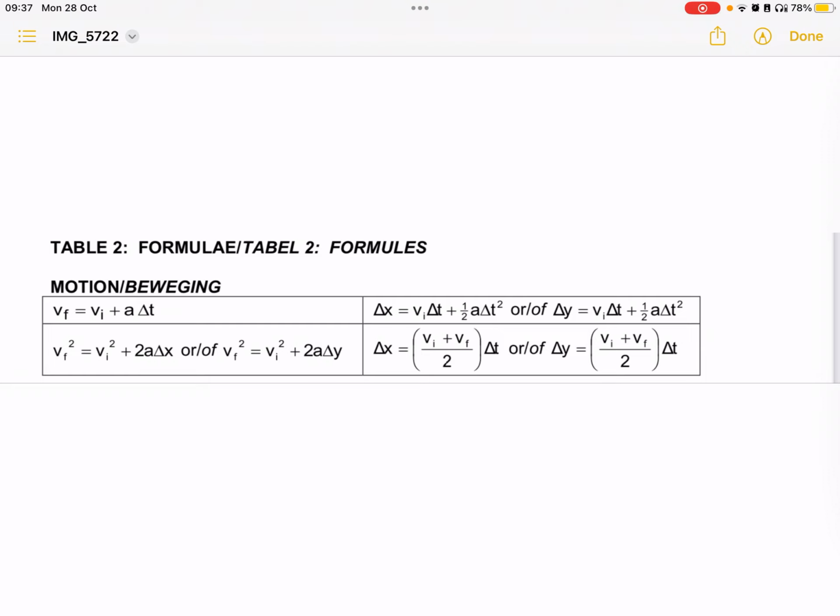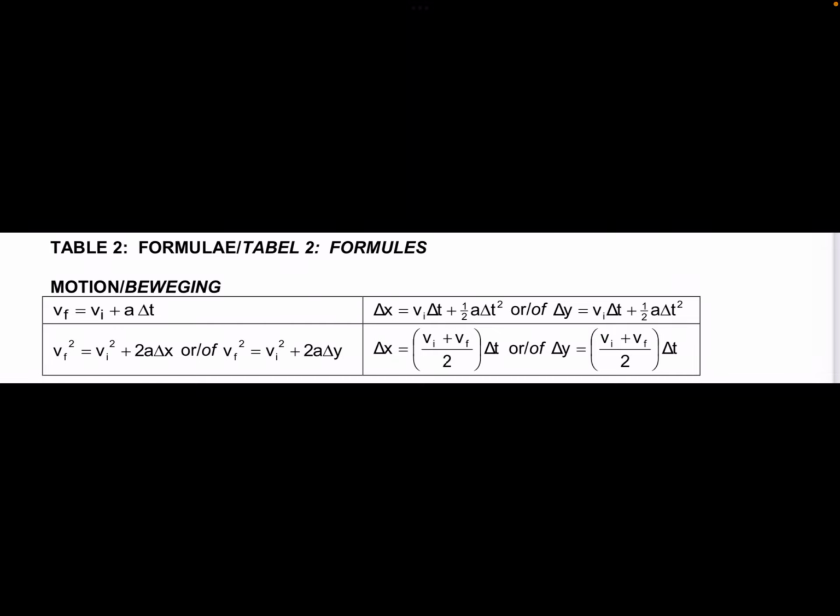The second one, a final velocity, an initial velocity, acceleration, and a displacement, either in the horizontal or in the vertical. The third one, delta x is equal to vi delta t plus half a delta t squared, or delta y is equal to vi delta t plus half a delta t squared.